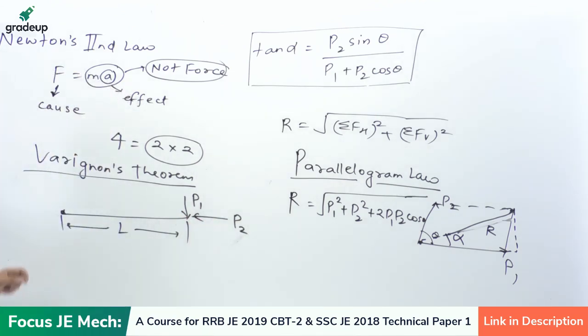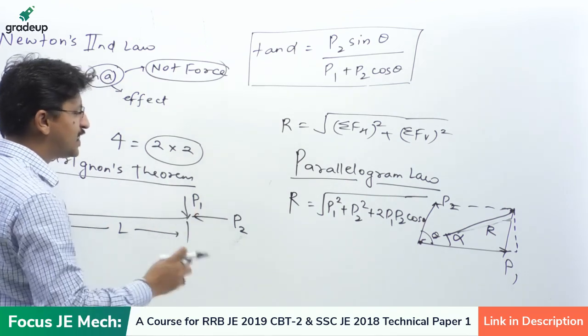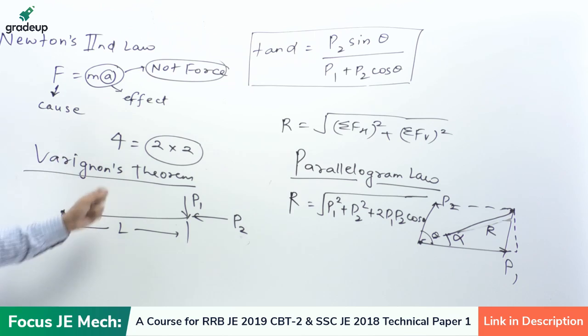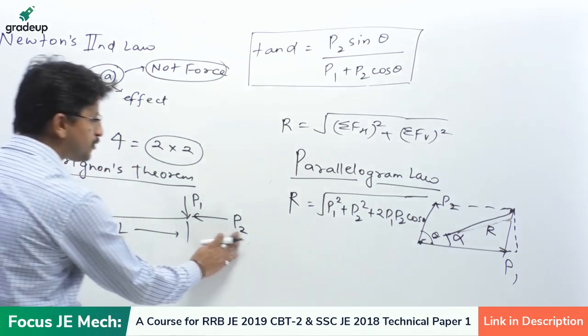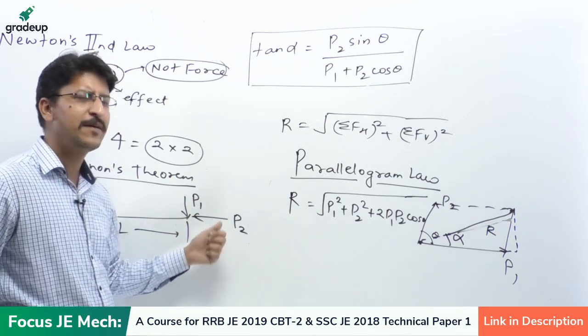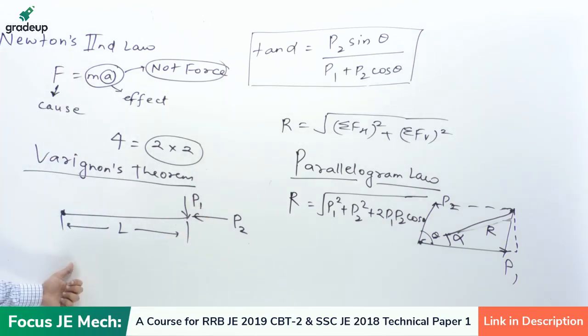So it says the sum of moments of individual forces about this point will be algebraically equal to the moment of the resultant of these forces about the same point.